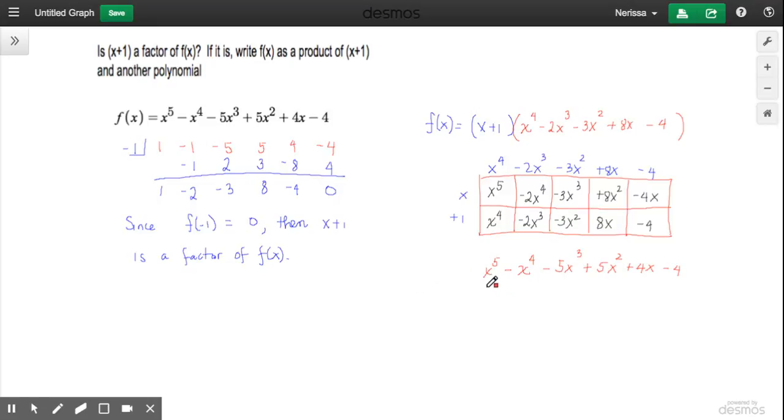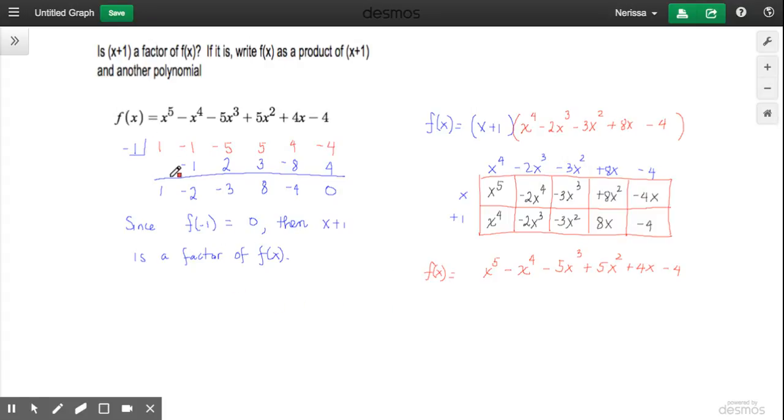Now, this is x to the fifth, the same as that. Negative x to the fourth, negative 5x cubed, positive 5x squared, positive 4x minus 4. This is our original f of x. So, let's recap.